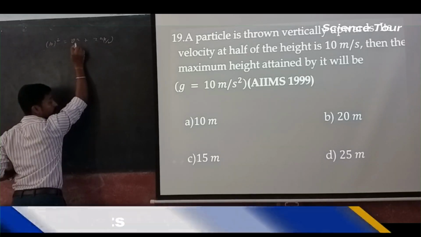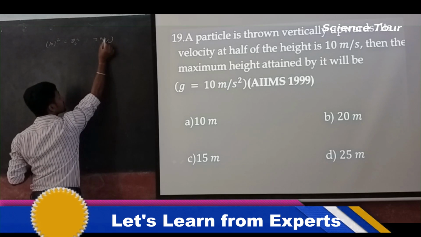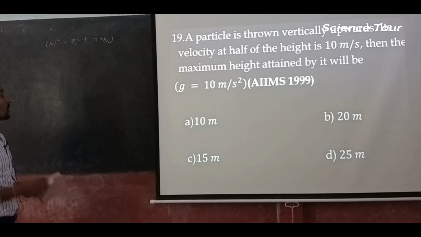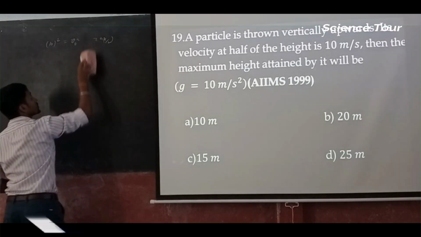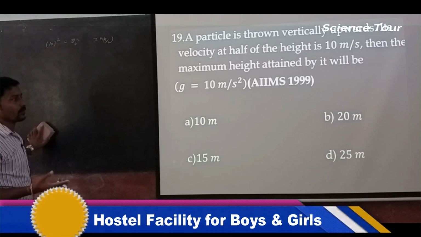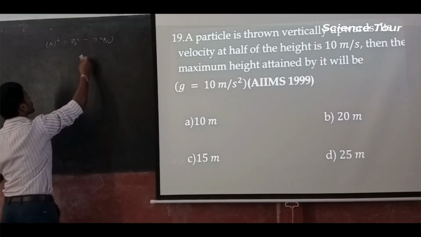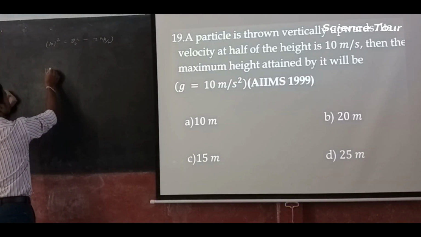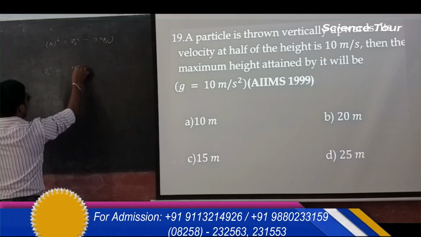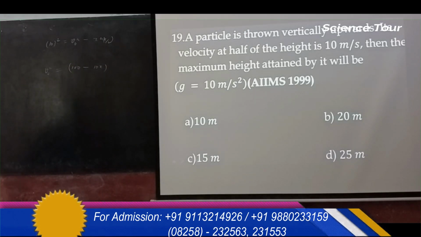I am not supposed to apply any sign for x, but g is negative for upward motion, so it becomes negative. The 2 cancels, it is 10x, so v naught square is 100 minus 10x.